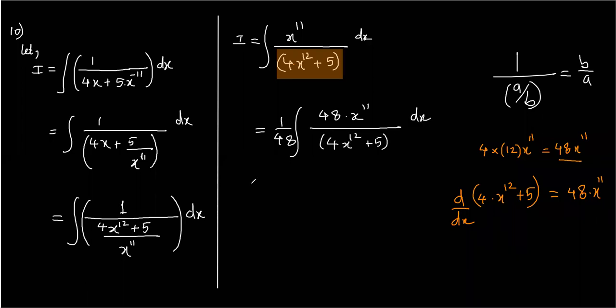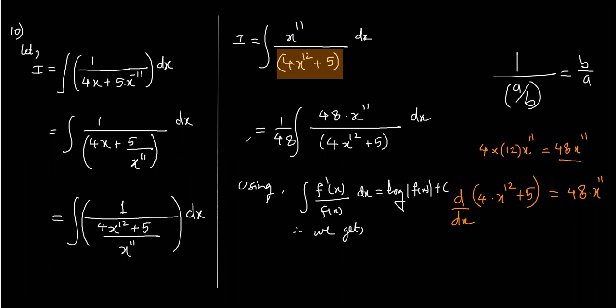Now since I see the derivative of the denominator in the numerator, I write using the result: integration of f dash x upon f of x dx equals log of mod of f of x plus c. Therefore, we get I equals 1 over 48 log of mod of 4x raised to 12 plus 5 plus c. This is the answer. I hope you all have understood.